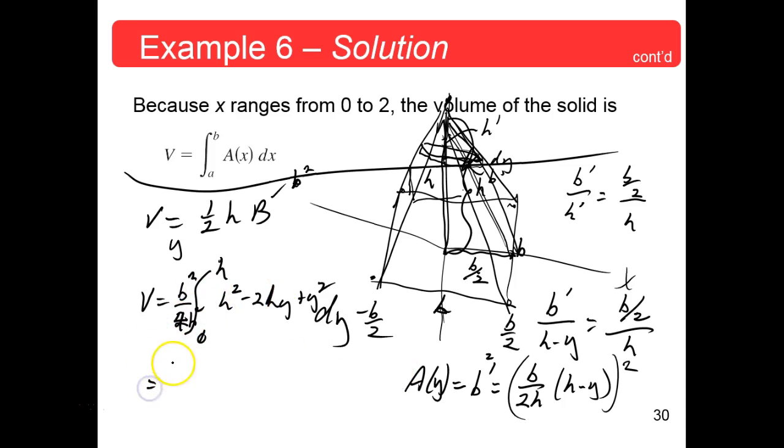All right, so b squared over 4h squared. It's this thing here that doesn't have a y dependence. I pulled that out, but I forgot that it was squared. So it's b squared over 4h squared. That's outside. And what's inside is, well, let's go on and evaluate the integral.